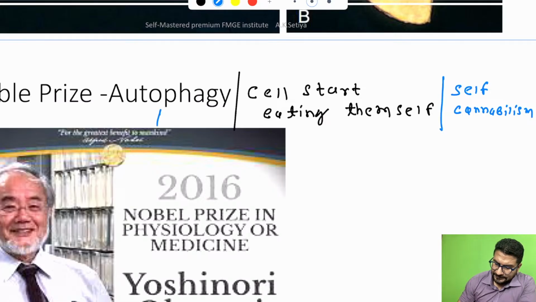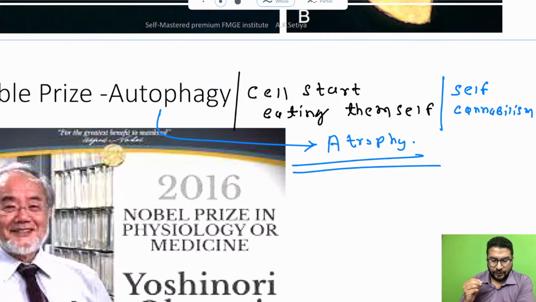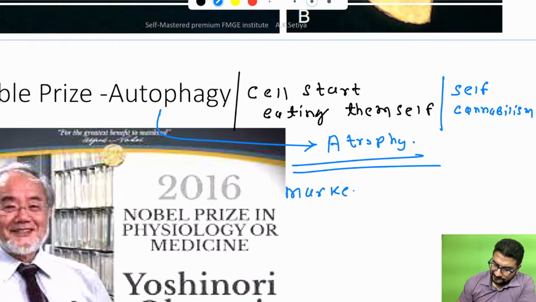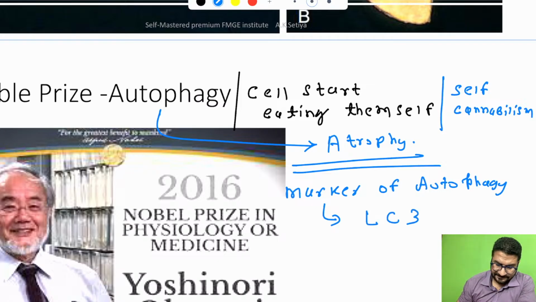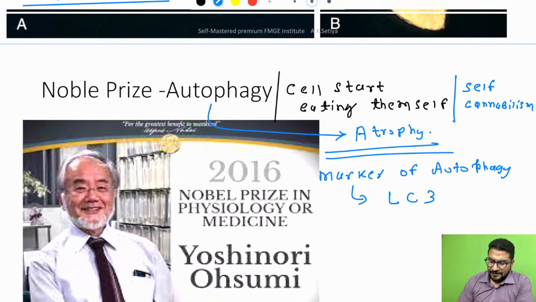This autophagy is important in atrophy, so atrophy occurs because of autophagy. They also ask in exam, what is the marker for autophagy? The marker for autophagy is called LC3. So this is about autophagy which you have to remember.